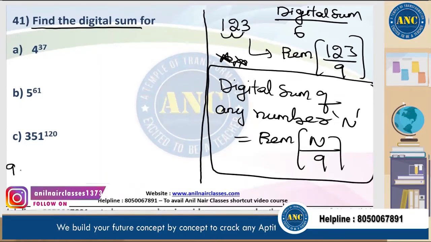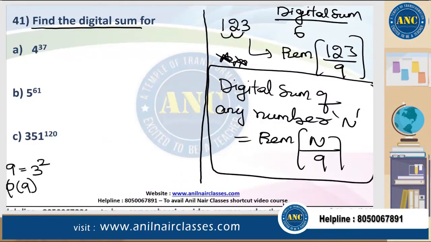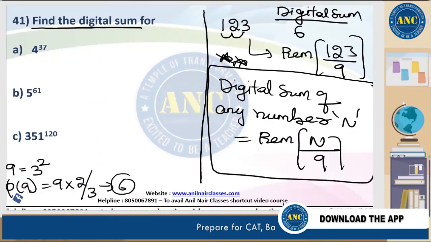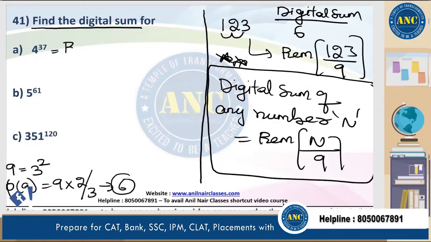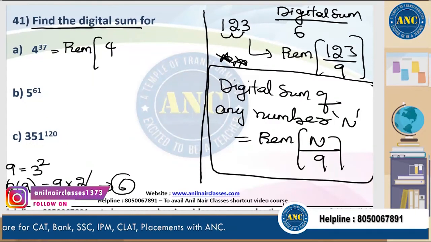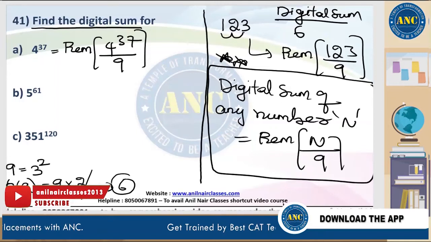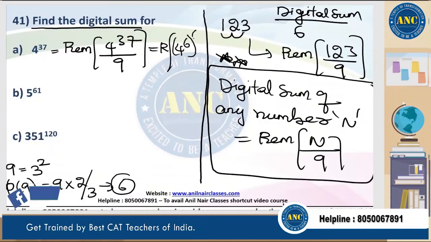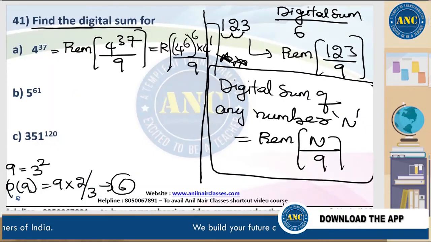Now, 9, what is the totient function? 9 is nothing but 3 squared. Phi of 9 is nothing but 9 into 1 minus 1 by 3, which is nothing but 6. Totient function of 9 is 6. So, this is nothing but remainder of 4 power 37 divided by 9. Already we know 9 totient function is 6. 4 power 6 into 4 power 1 by 9.